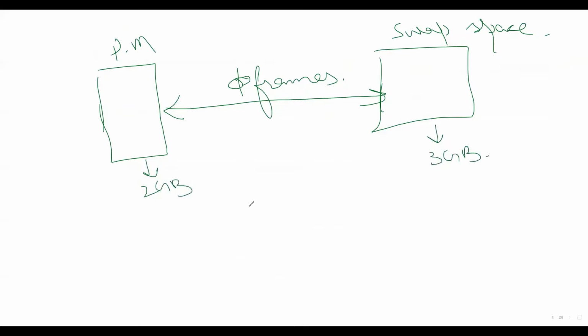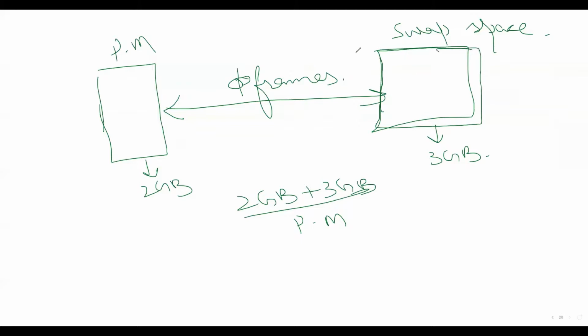So effectively we can say we have 2 GB plus 3 GB, 5 GB of memory. But actually our primary memory is only 2 GB. Using the swap space, we can even hold programs that have size larger than the primary memory. So this is the use of swap space.